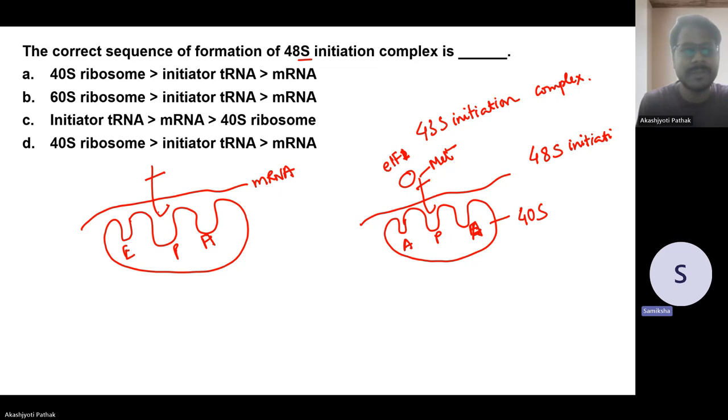No, sir, I didn't receive that mail. I am getting only the mail for 6 to 8 p.m. one, but not 7 to 9. Maybe it's a problem with my mail or some issue. Okay, no issue.